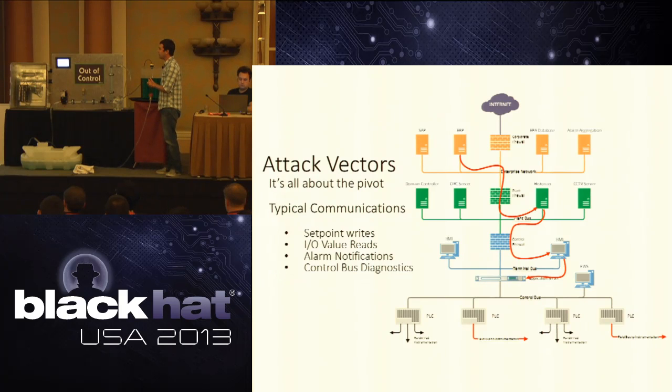One thing you can see on this diagram is that there are two HMIs, and that's typical in a process control network. So if you end up getting on an HMI, you have to be very careful to synchronize that modification across all HMIs, unless you get to what's called an application server.